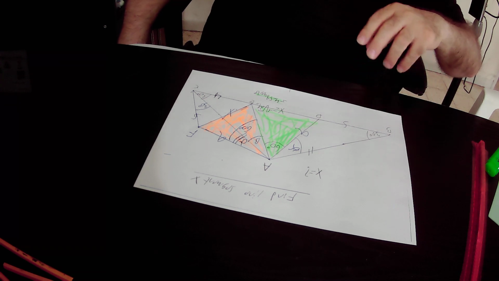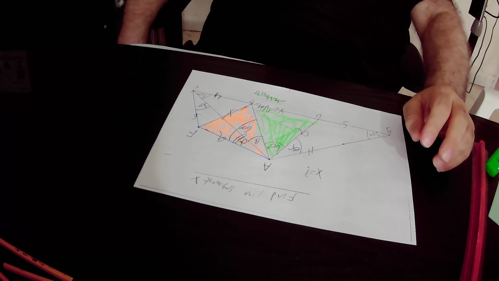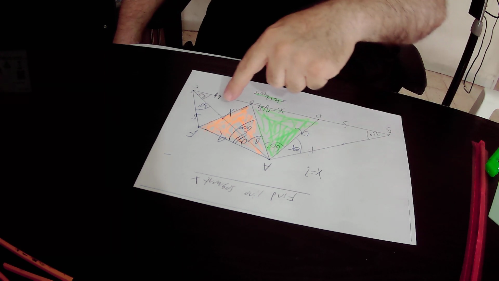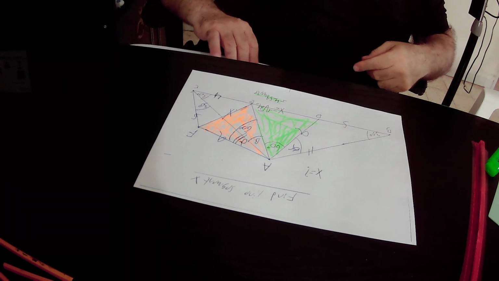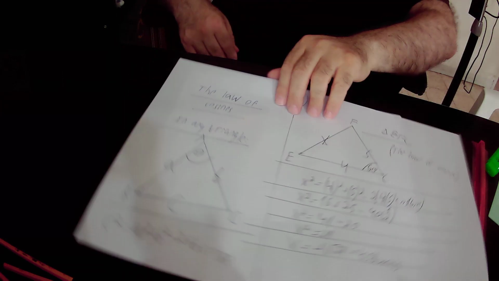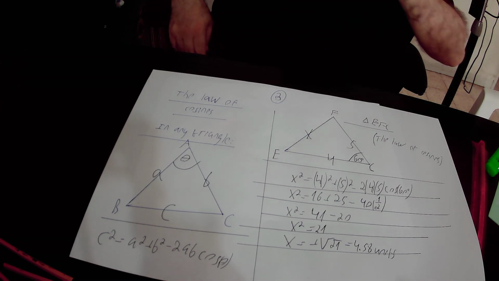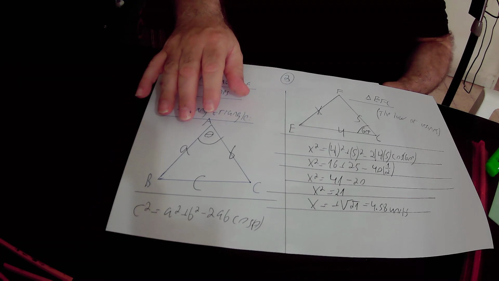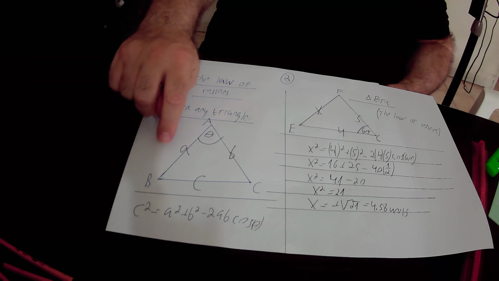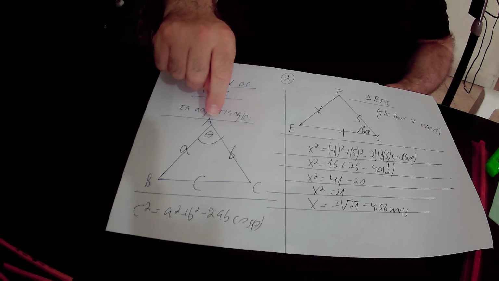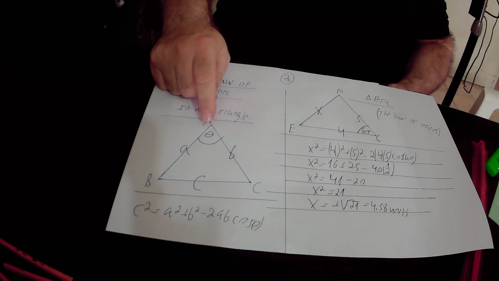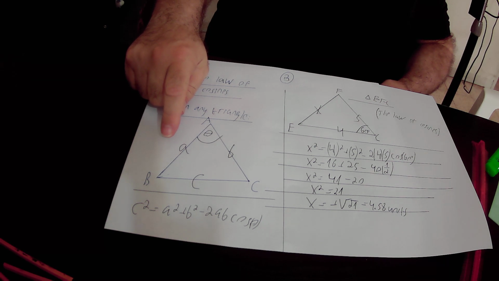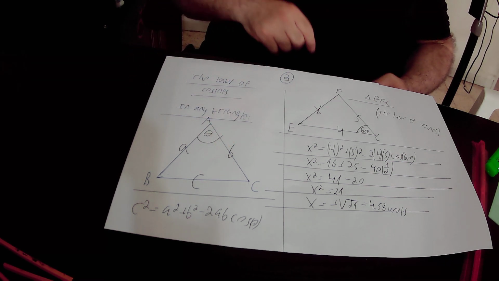In the next step, I presented to you the law of cosines, and we implemented the law of cosines in this triangle EFC. So what is the law of cosines? The law of cosines is true in any triangle. So if we have here triangle ABC, that could be any triangle, we know that the length of side AB is a units, the length of side AC is b units, and the angle between side AB and side AC is theta, and the length of side BC equals c units.